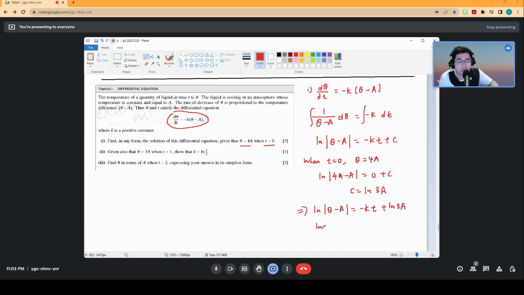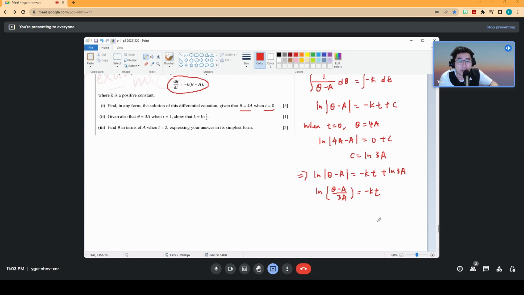So ln of theta minus a over 3a equals negative kt. Applying the logarithm rule, theta minus a over 3a equals e to the negative kt. Therefore theta equals 3a e to the negative kt plus a as your answer.